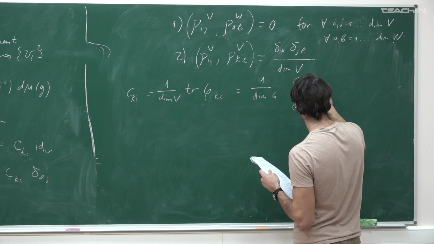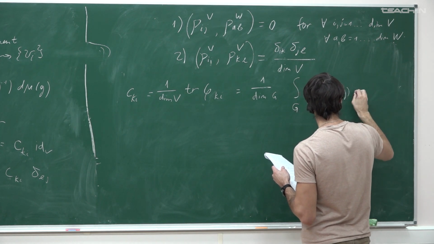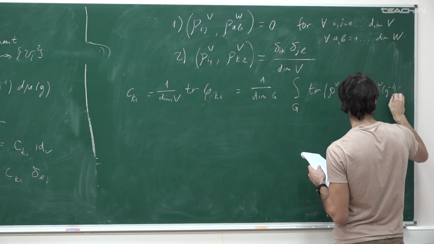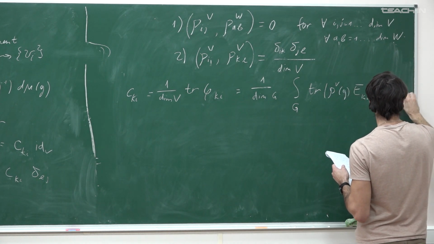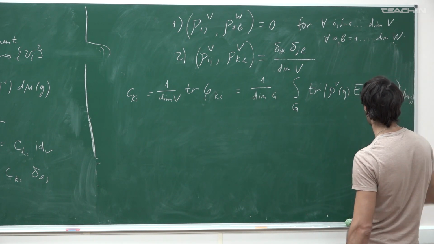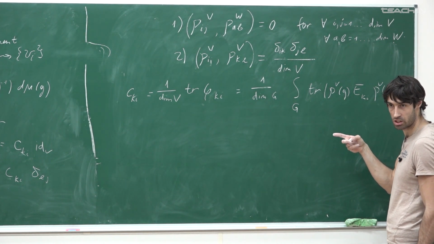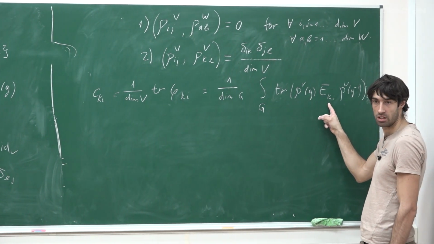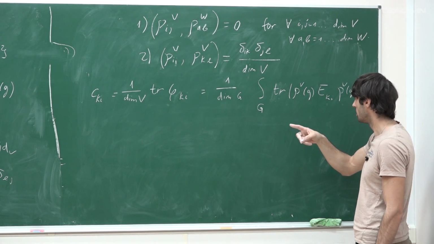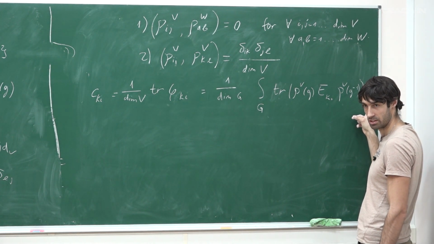So I will have trace of rho_V(g) e_ki rho_V(g inverse) d mu(g). So the trace of a conjugated matrix is the same as the trace of the original one, so it's the same as the trace of e_ki. The trace of e_ki does not depend on g at all, so I can move it outside of the integral, and I will have the integral over G of d mu(g), which is 1, right?